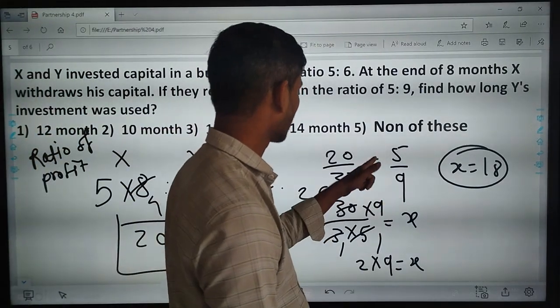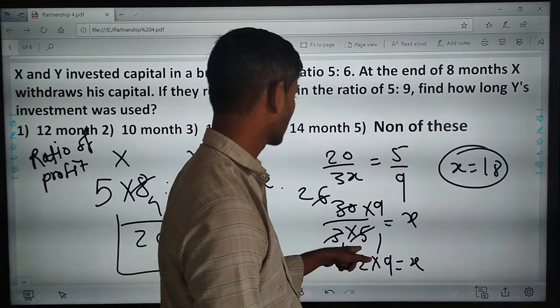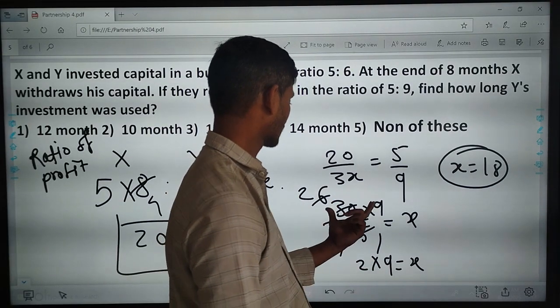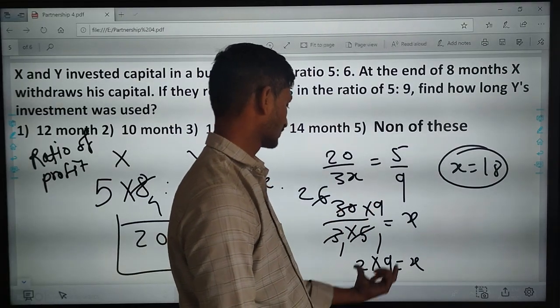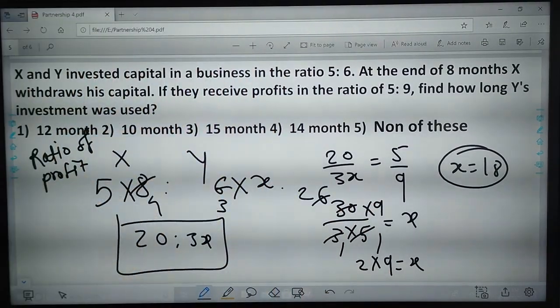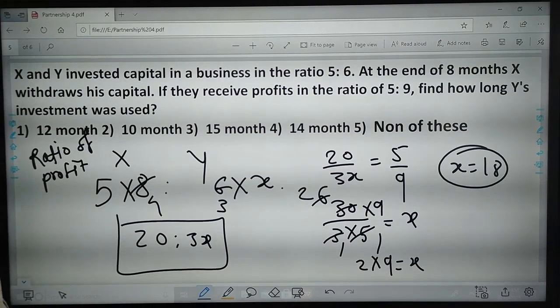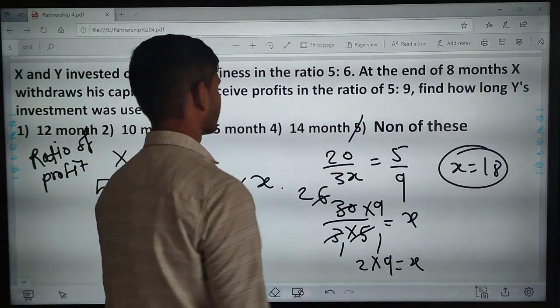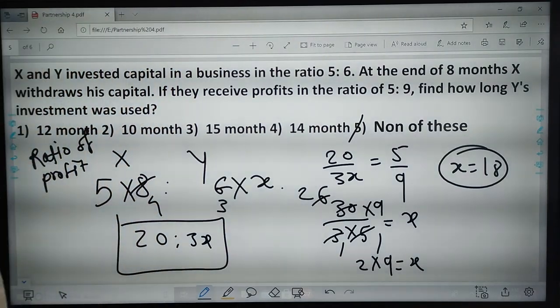Then 9 comes here, 5 comes here, divide. Now here we find how long Y's investment was used. Here 18 months.